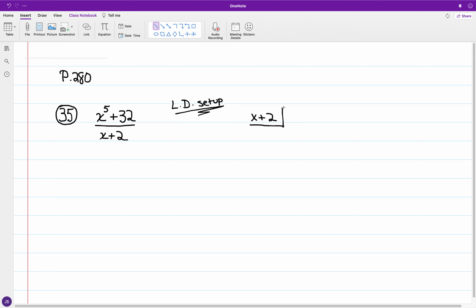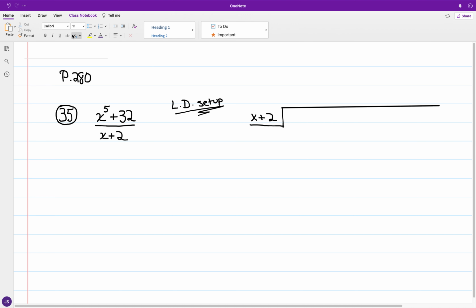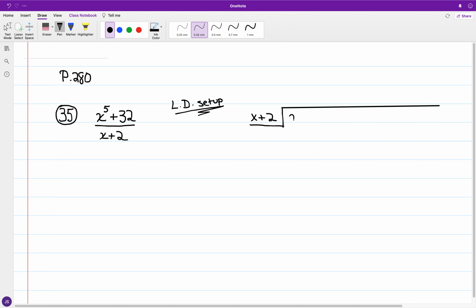And again, we have the divisor x plus 2, and for the dividend, we have x to the fifth plus 32. So looking at the dividend, we have x to the fifth, and notice we have missing fourth, third, second, and first order terms in x.